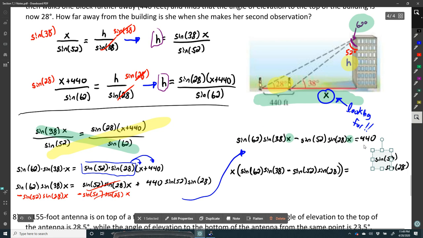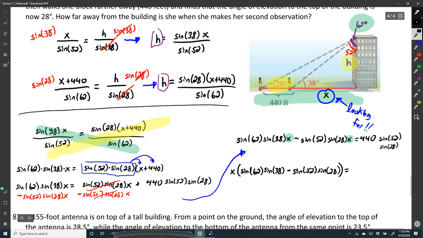Sorry, I'm doing some cosmetic surgery on my table. All right, so this is 440 sine of 52, sine of 28. And so my last step is I divide by all of that gobbledygook.